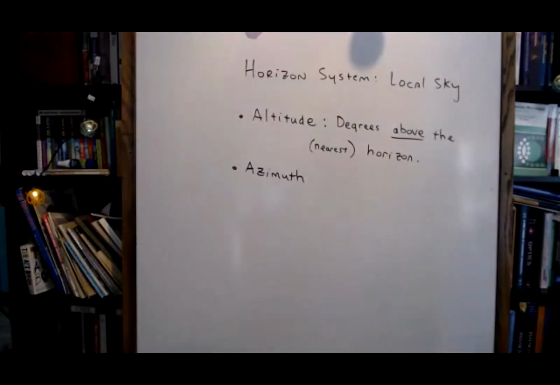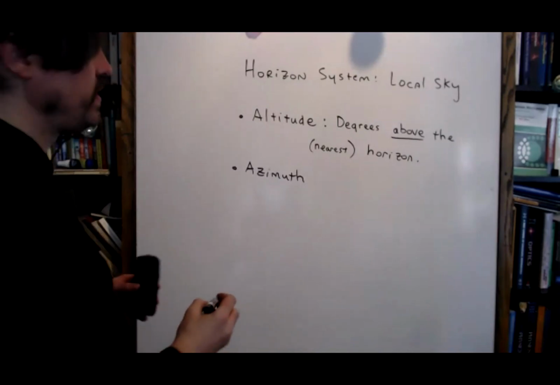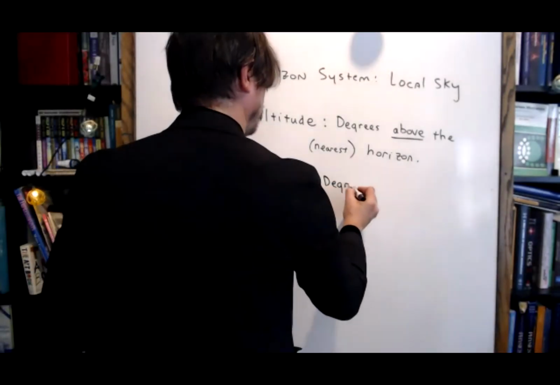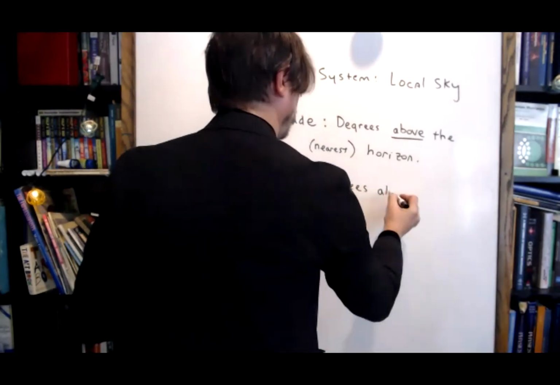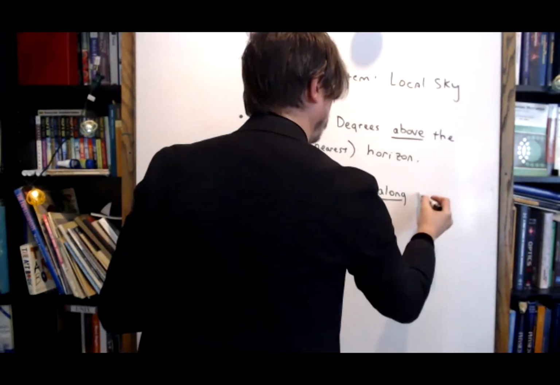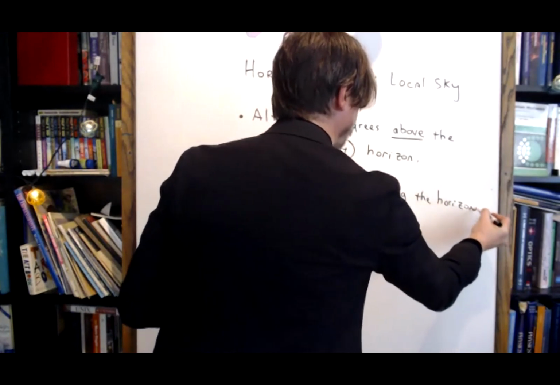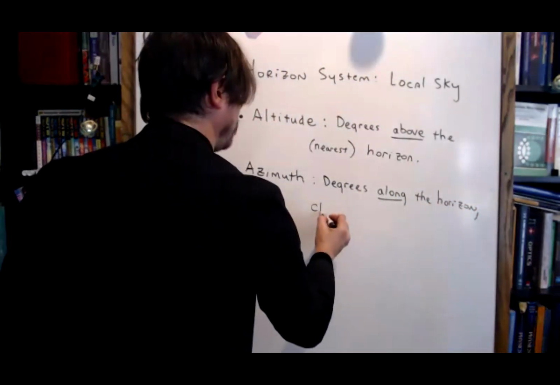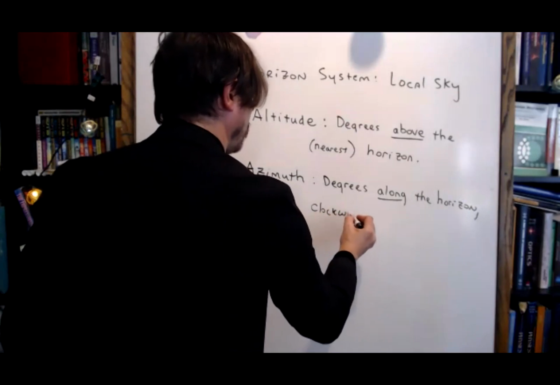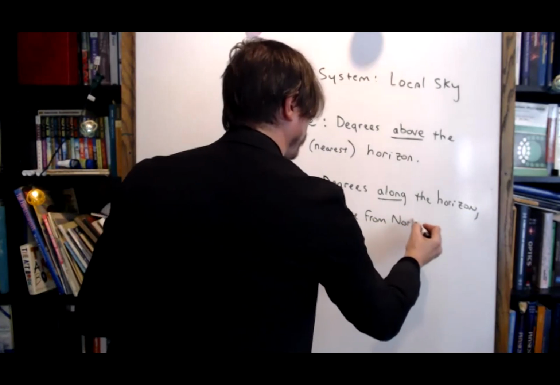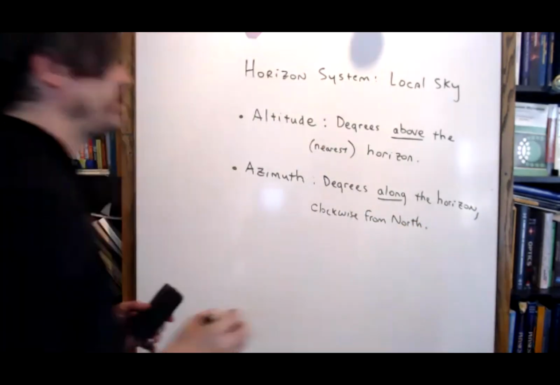So it's the degrees above the nearest horizon. Azimuth is defined as degrees along the horizon measured clockwise from north, okay?